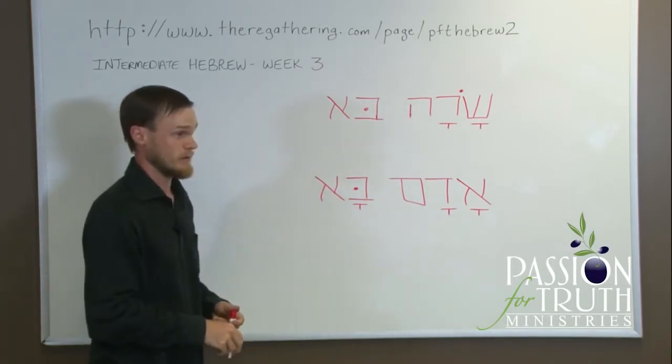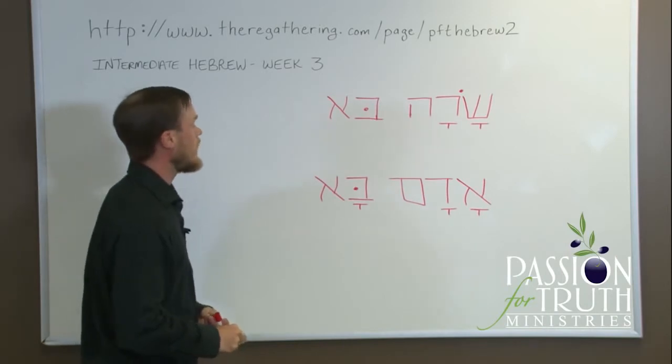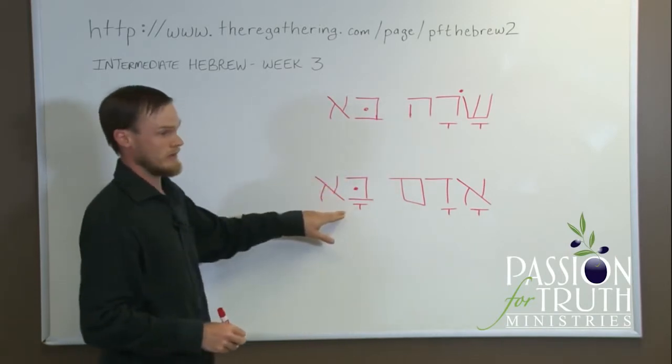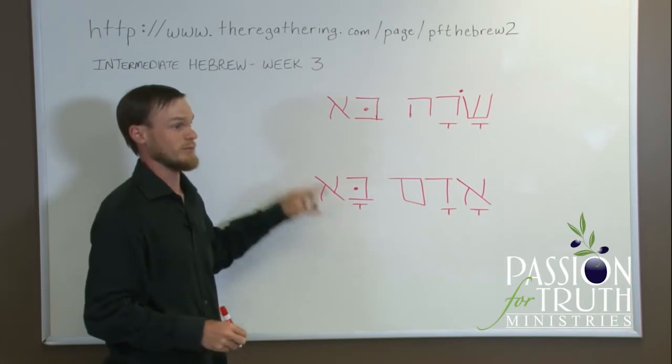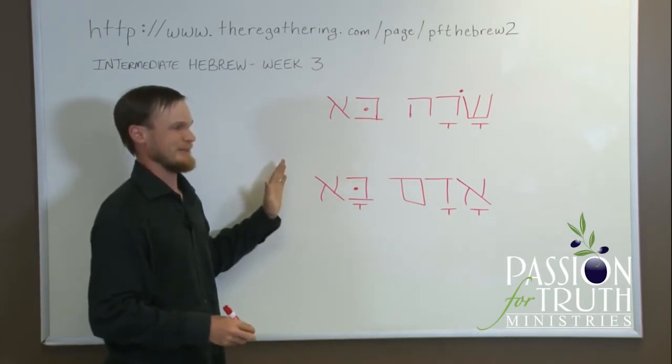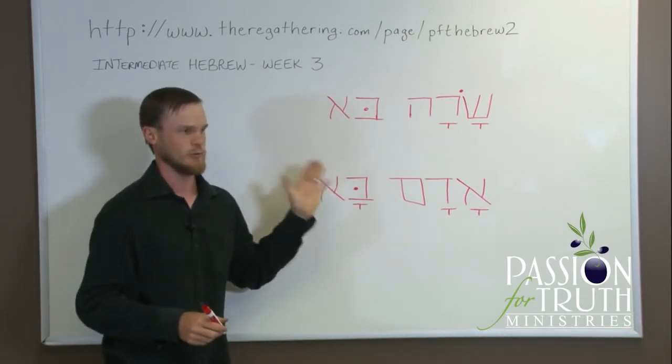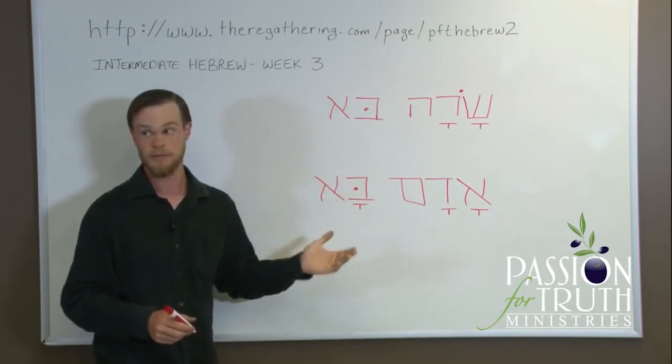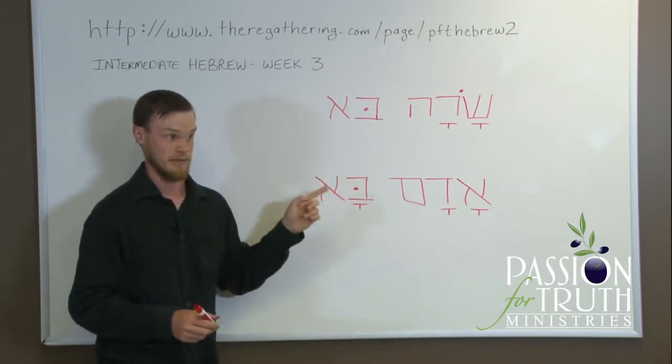We have to use a feminine verb. Okay? To make ba feminine, now this does not apply to all verbs, it applies to this verb. Okay, so I want to stress that this is not a general rule for how to make a verb feminine, but this does make this verb feminine in this case.